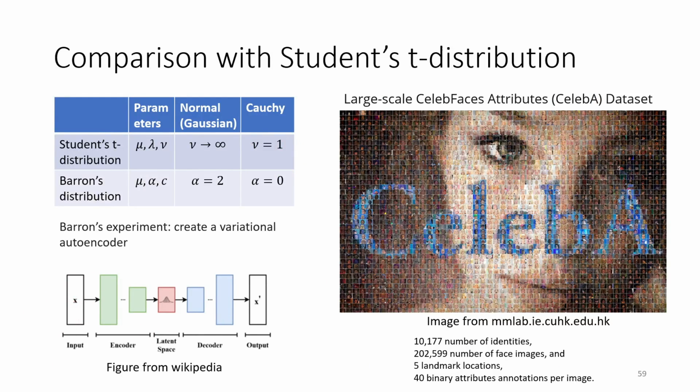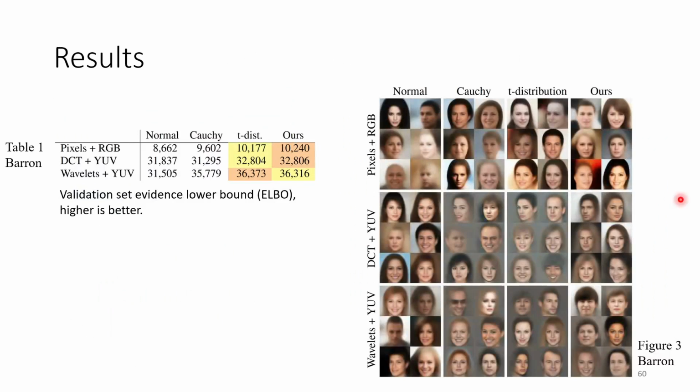However, there are other representations for the input X. It means DCT plus YUV. What is YUV? It is a color space. YUV is a linear transformation of the RGB pixel intensity. And what is DCT? Discrete cosine transform. When we talked about the Fourier transform in a previous week, we also slightly mentioned the DCT. You can just imagine it is the real-part transformation of the Fourier transform.